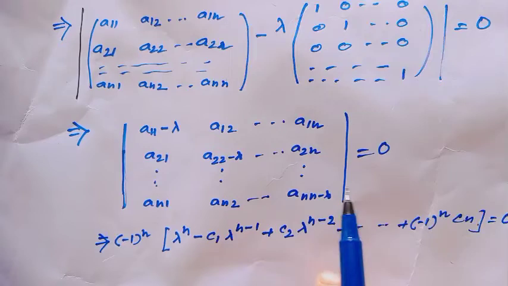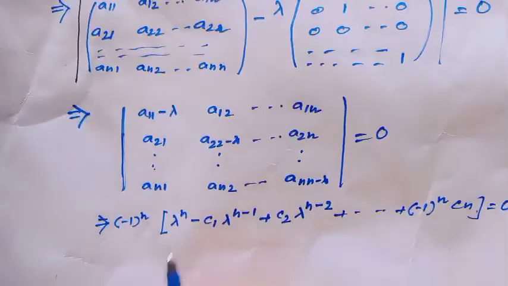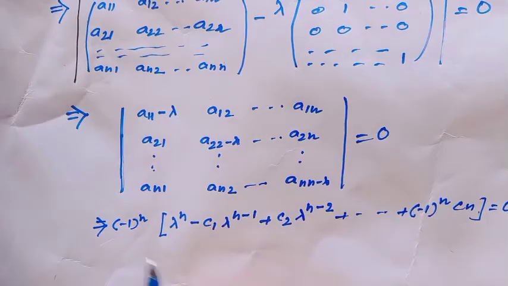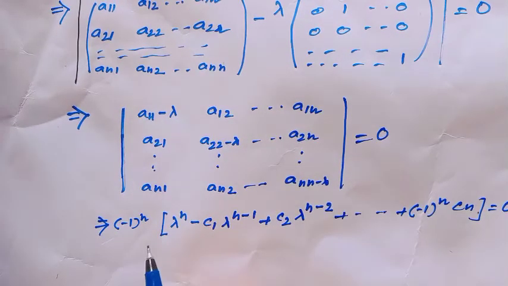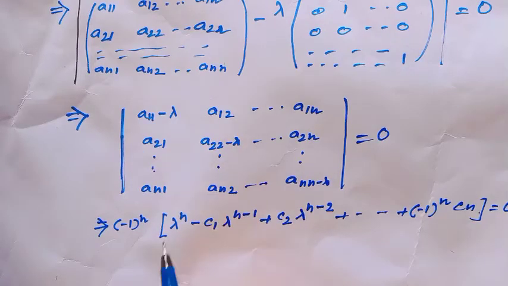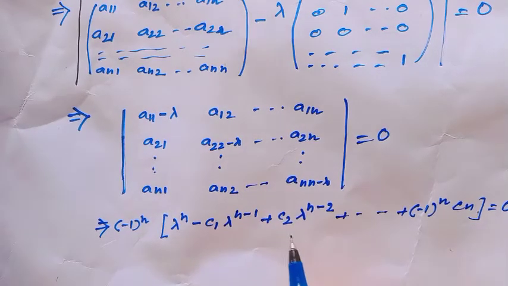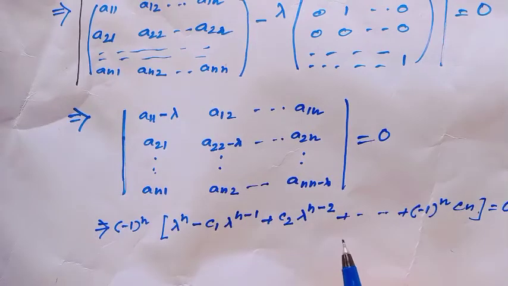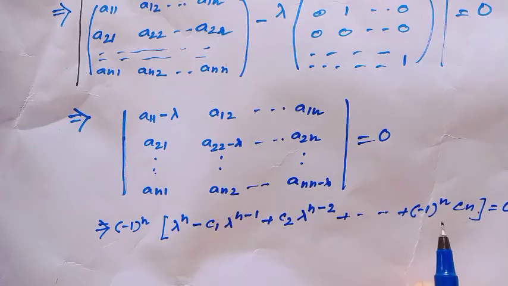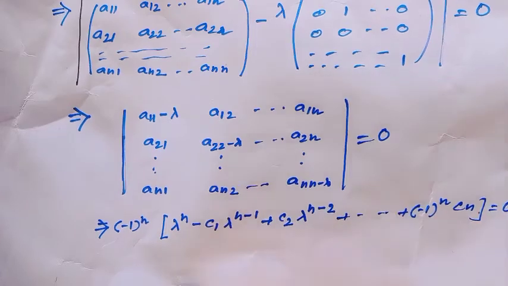This determinant would be a polynomial of degree n. This is equal to minus 1 to the power n lambda to the power n minus c1 lambda to the power n minus 1 plus c2 lambda to the power n minus 2, and this would continue, and the nth term would be minus 1 to the power n cn equal to 0.